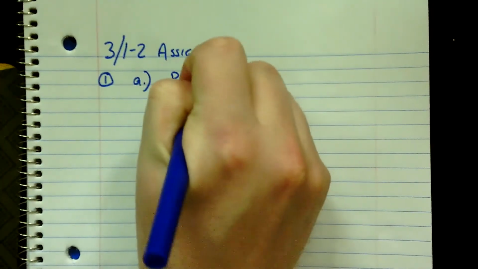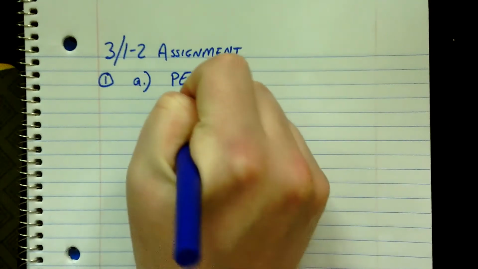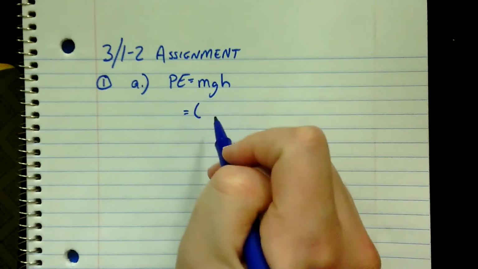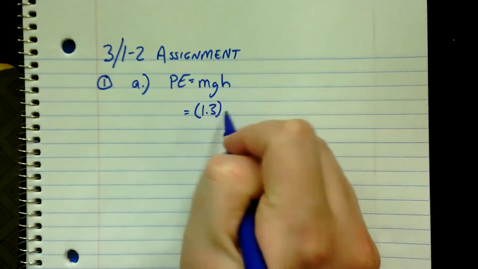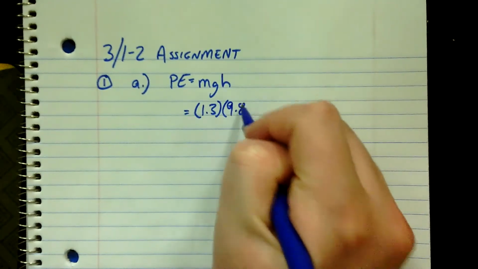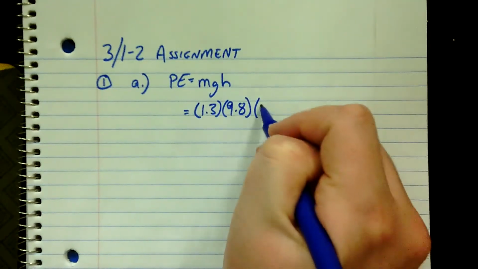All right. Sam, can I ask you how you did part A? I just did 1.3 times 2.5 times 9.8. Yeah, good. So the mass is 1.3. G, remember, is always 9.8. And the height of this thing is 2.5.